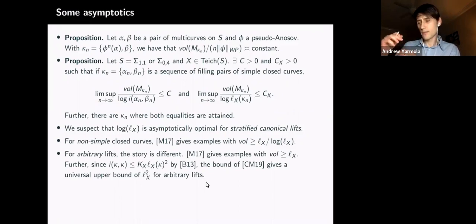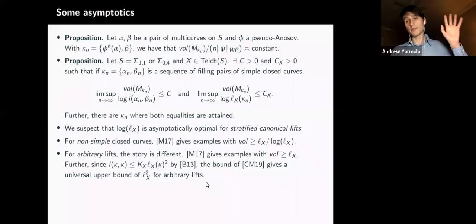We know that we have an upper bound in terms of intersection number from Tomaso's and Anders's paper. So in particular, we have sequences that grow at least as fast as the length, and at most as the length squared. So arbitrary lifts are also quite weird.